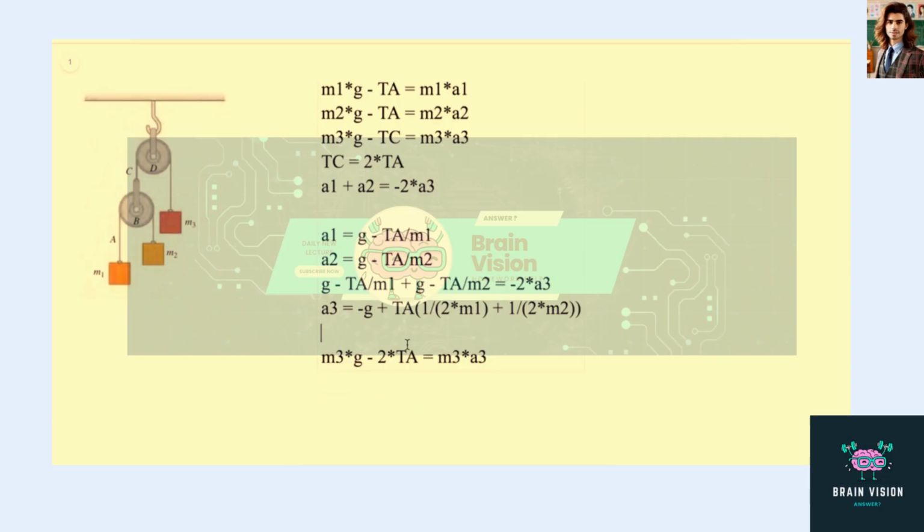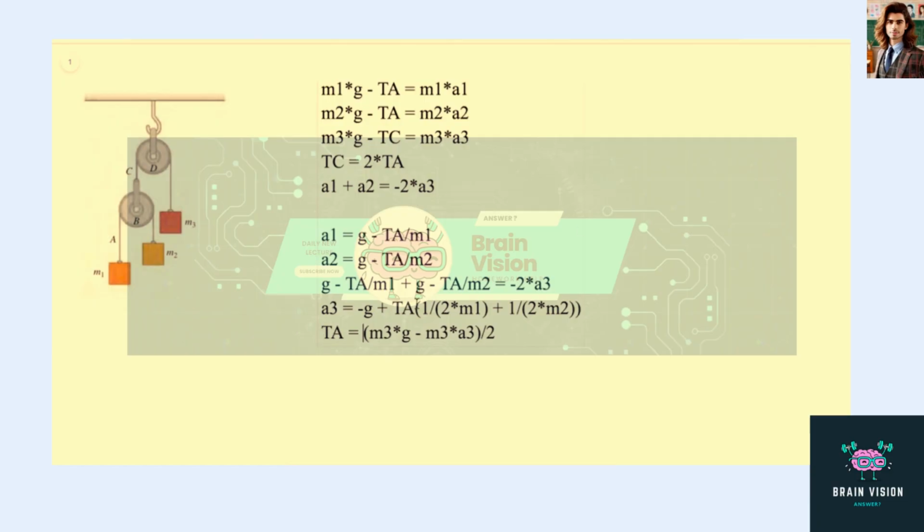Then we can solve this equation for TA to plug in to this equation up here. So I'm going to subtract this on both sides, and then I'm going to add 2TA over here. And now finally, if I divide both sides by 2, we'll get TA.